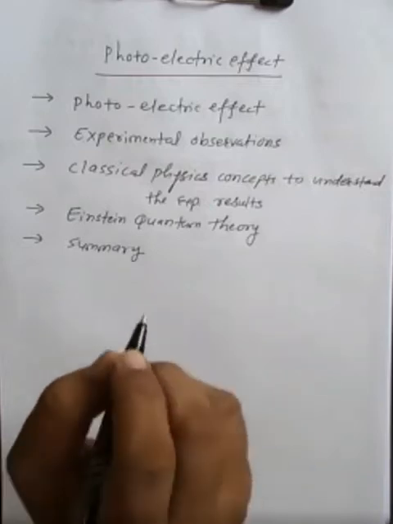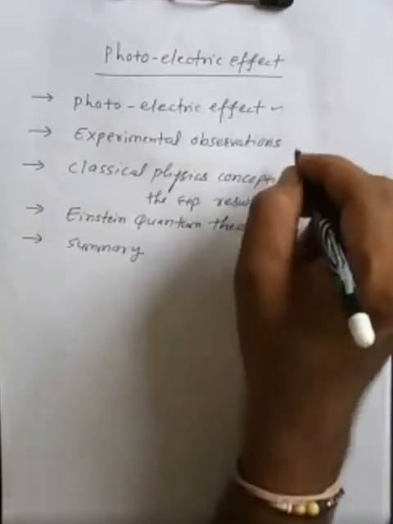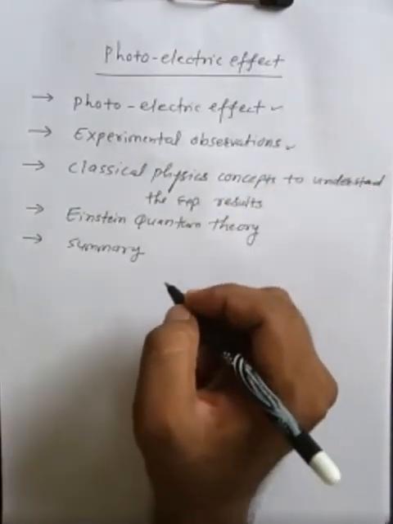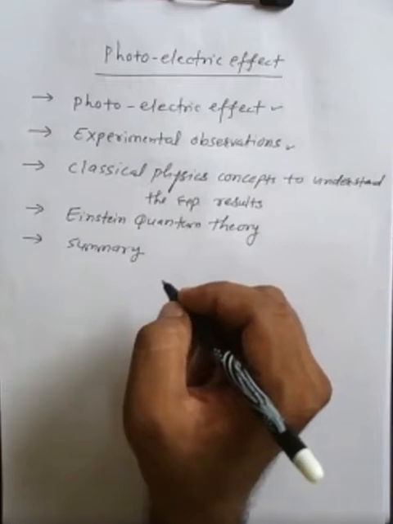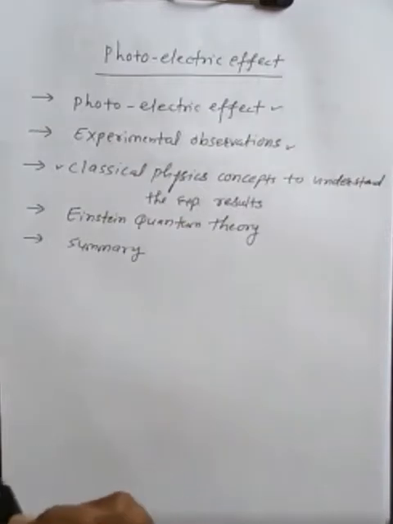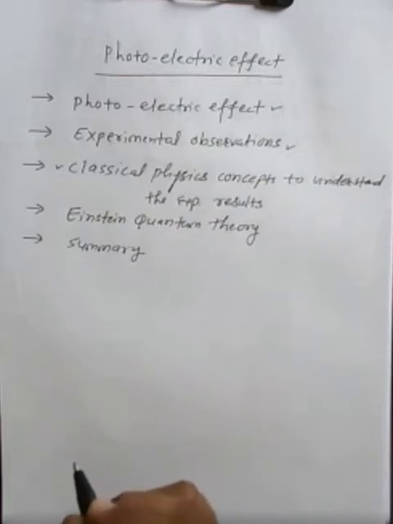Okay, so let's begin with the photoelectric effect. Then the experimental results of the photoelectric effect, and then I will move to the classical physics theory to explain the results, and then later Einstein quantum theory.